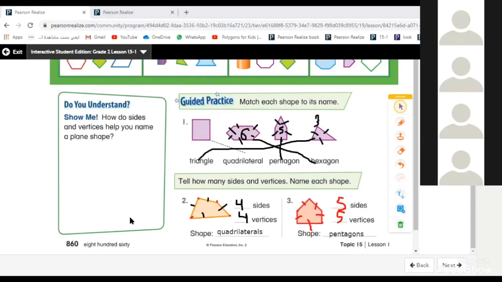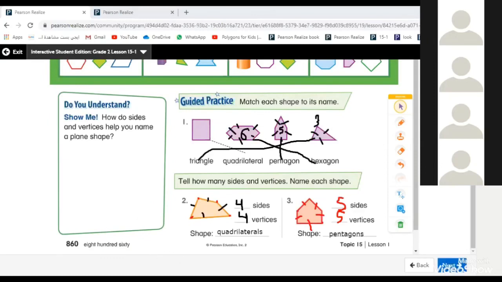Go to the next page if you finish. Match each shape to its name. Start to do it by yourself and wait. We will come to you to solve it together.